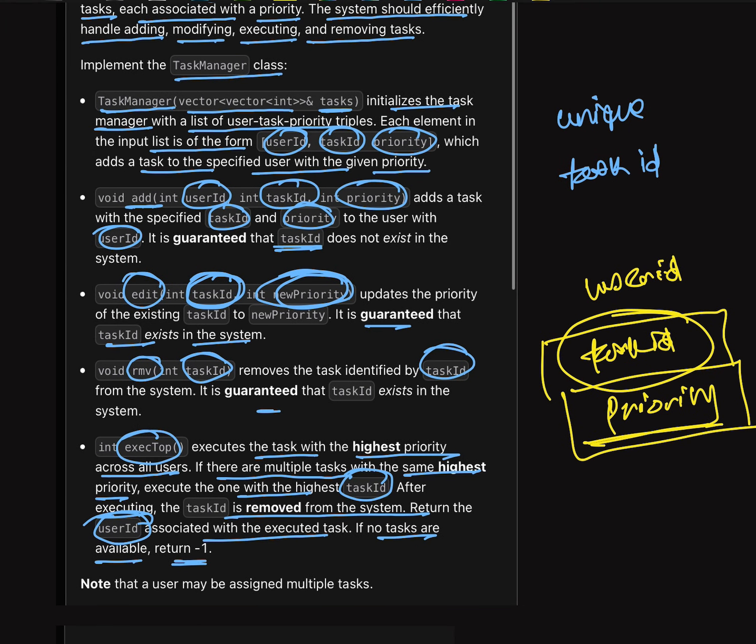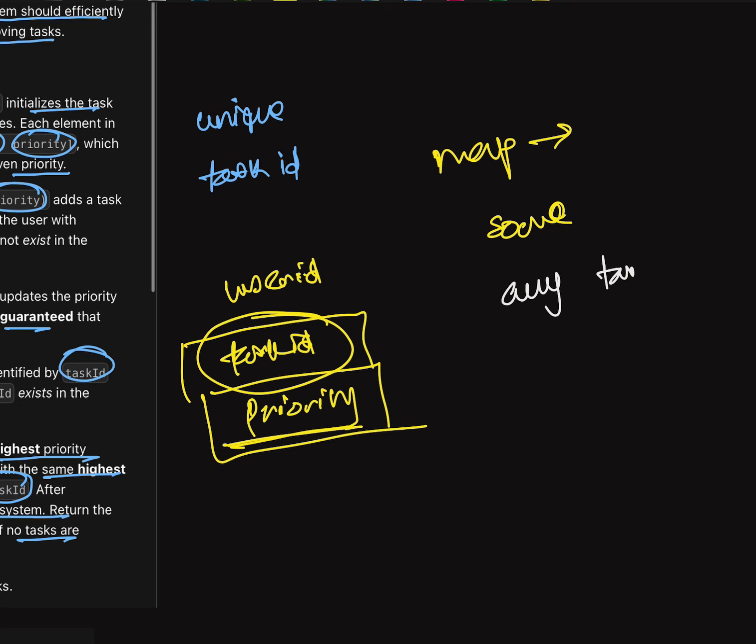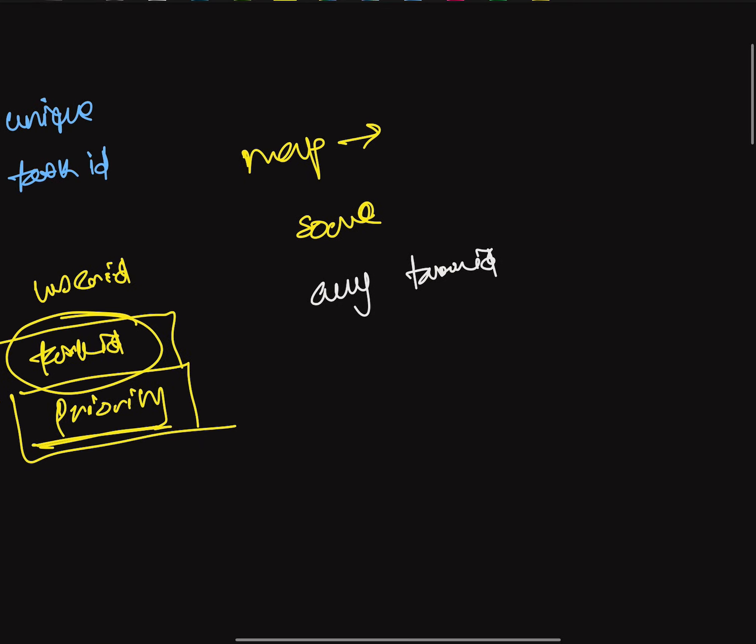For the other functions, like add, we don't need anything; we will just store it. For edit, against the task ID we have to modify the priority. So we need a map to find, for any task ID, the current data.